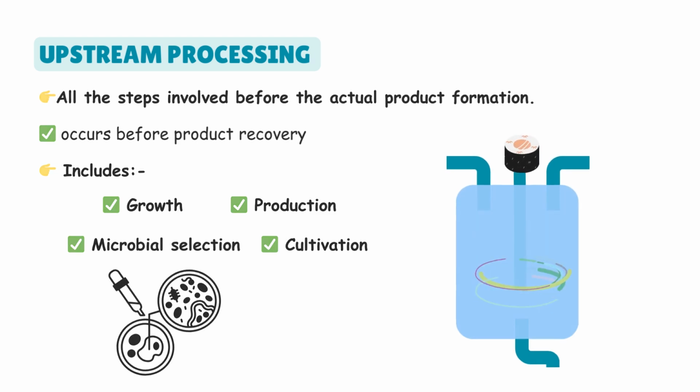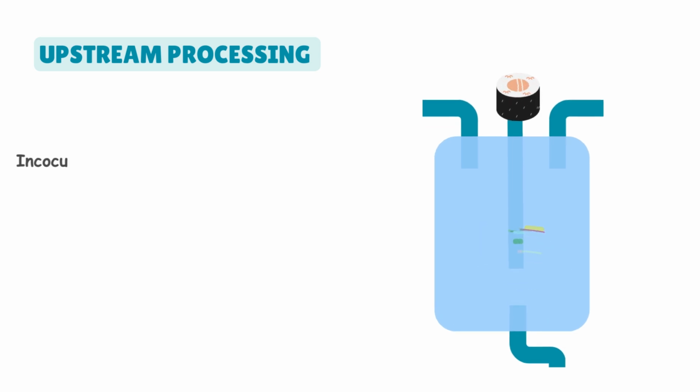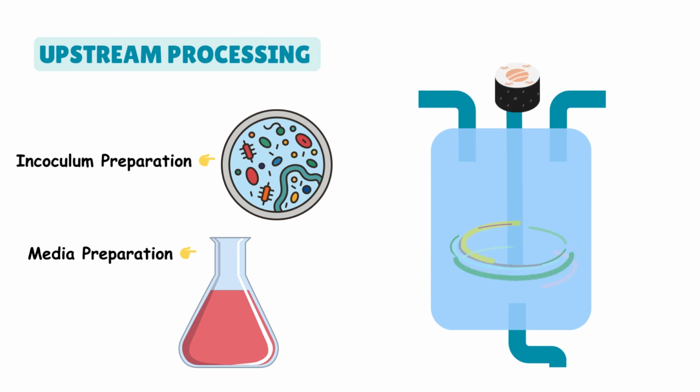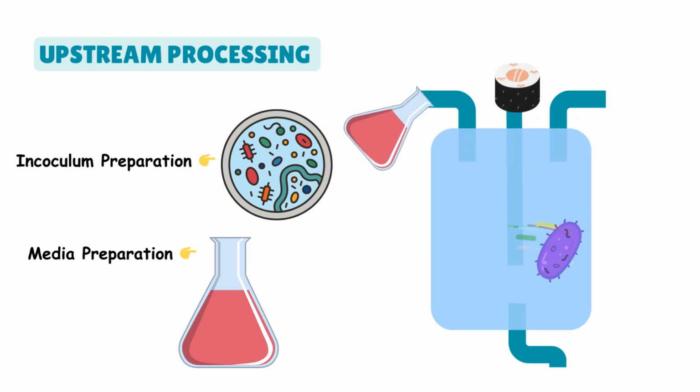Basically, in upstream processing, a desired inoculum is prepared and a desired media is prepared, and then they are added into the bioreactor for cultivation of microbial cells in a controlled condition so that they can produce a desired product.